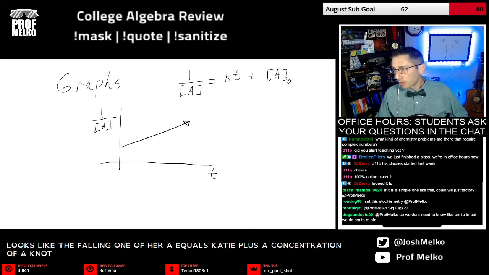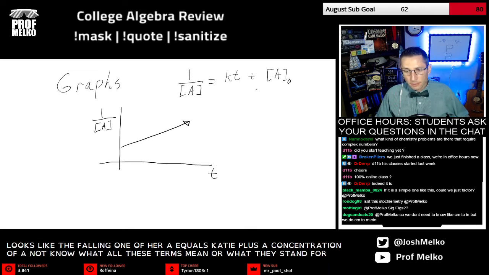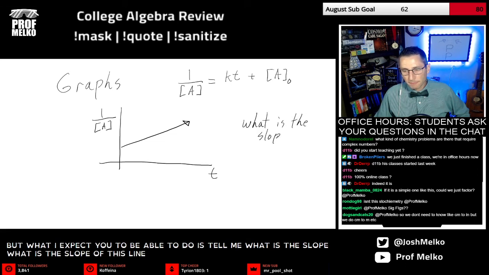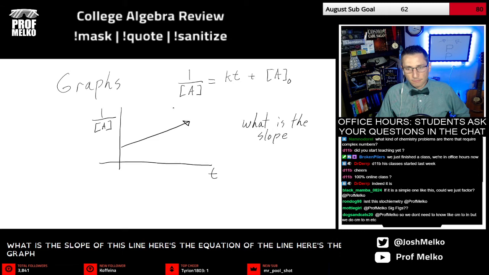It's not important you know what all these terms mean or what they stand for, but what I expect you to be able to do is tell me what is the slope. What is the slope of this line? Here's the equation of the line. Here's the graph. What is the slope?